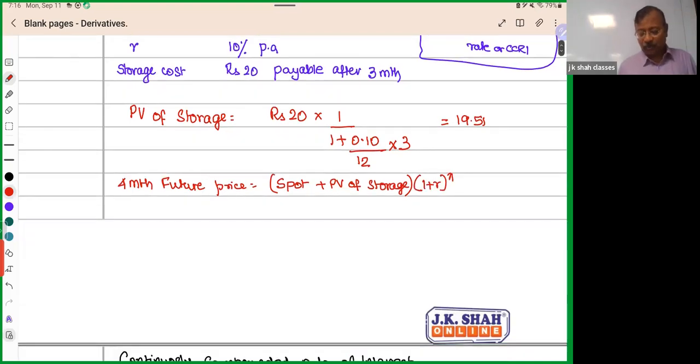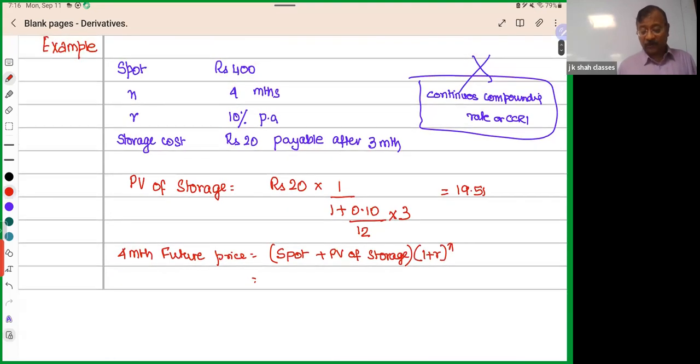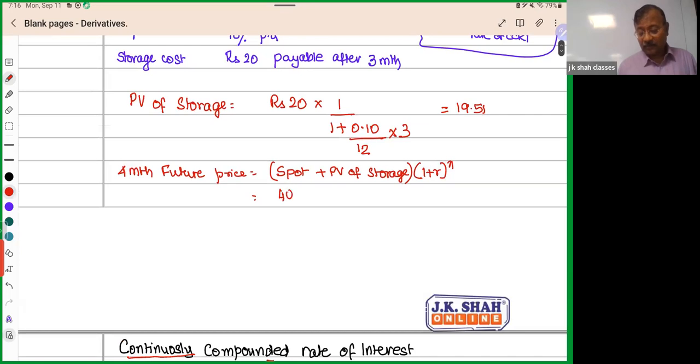Right? Now what is my spot? Spot is 400 plus PV of storage is 19.51 into 1 plus 0.10 divided by 12 into 4.